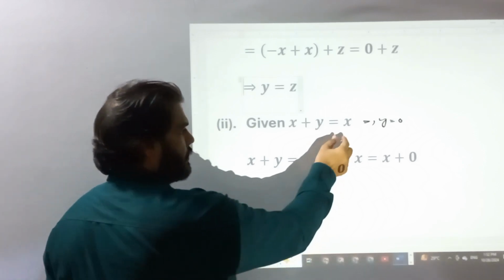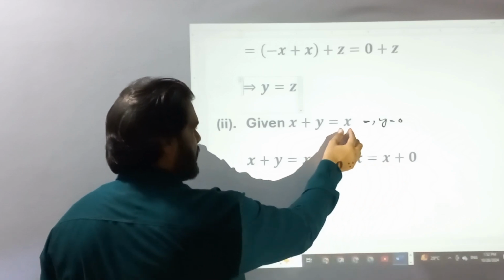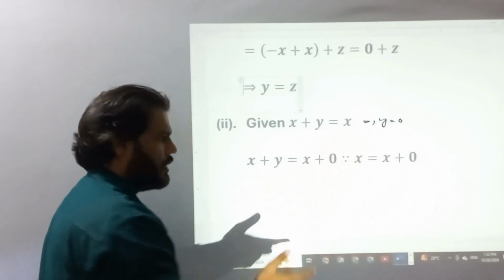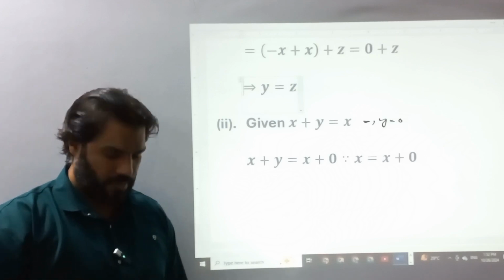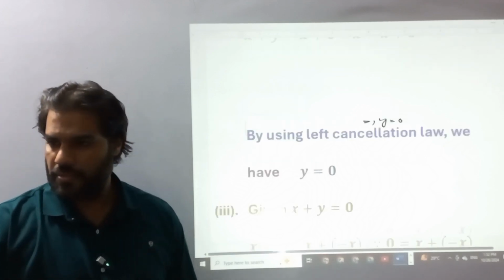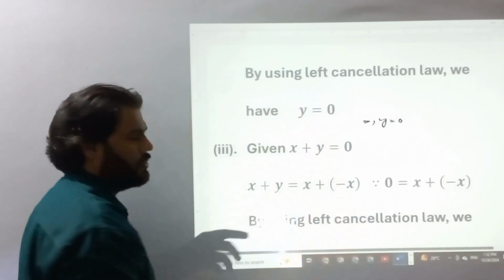You can write simply x is equal to x plus 0. So we replace x with x plus 0. Now, by using the left cancellation law on both sides, we have y is equal to 0. That is required.